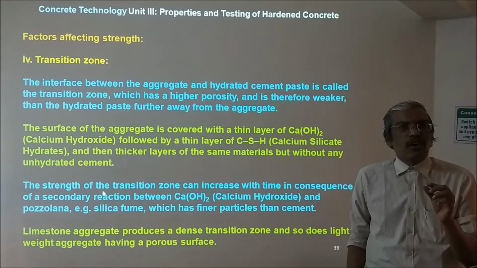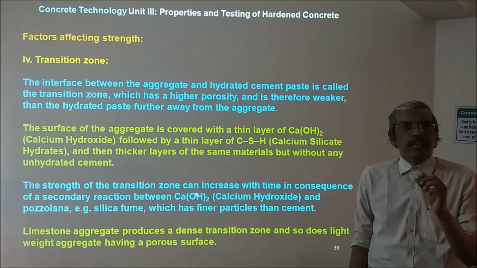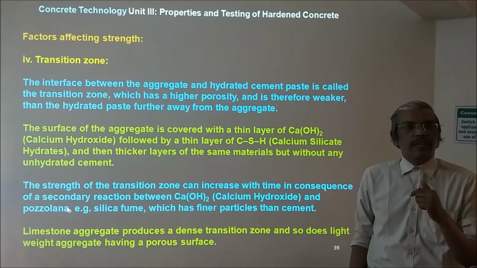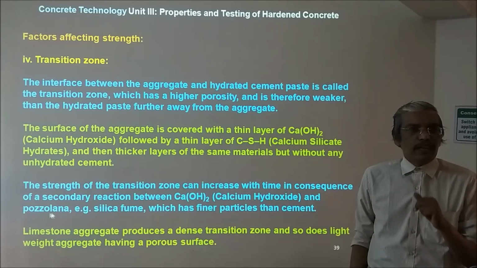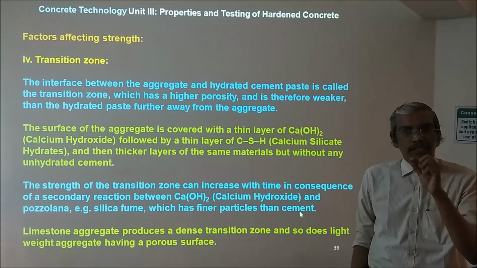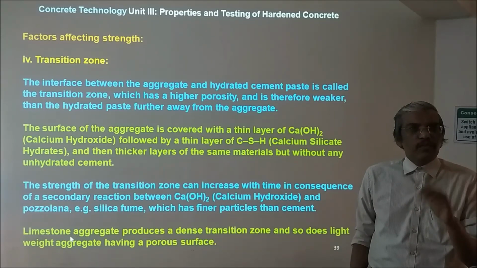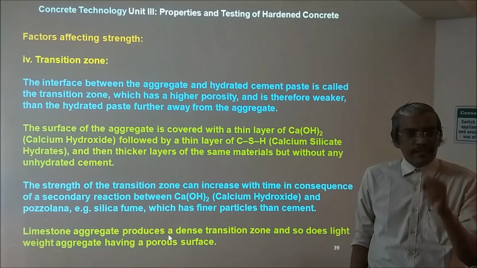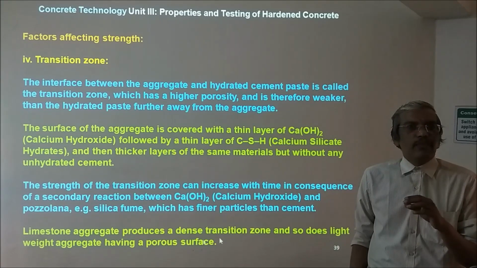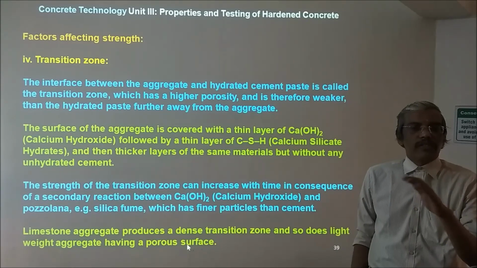The strength of the transition zone can increase with time in consequence of a secondary reaction between Ca(OH)2, the calcium hydroxide, and pozzolana. For example, we can consider silica fume, which has finer particles than the cement particles. Limestone aggregate produces a dense transition zone, and so does lightweight aggregate, which has a porous surface.